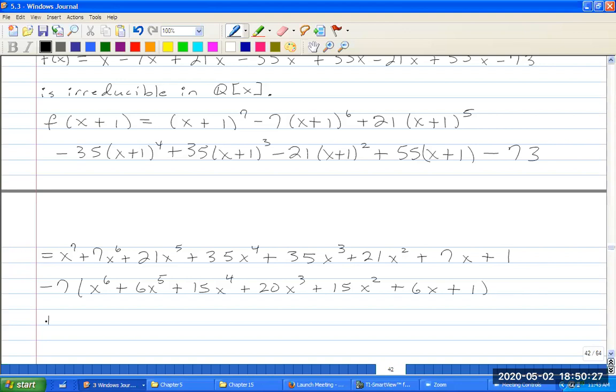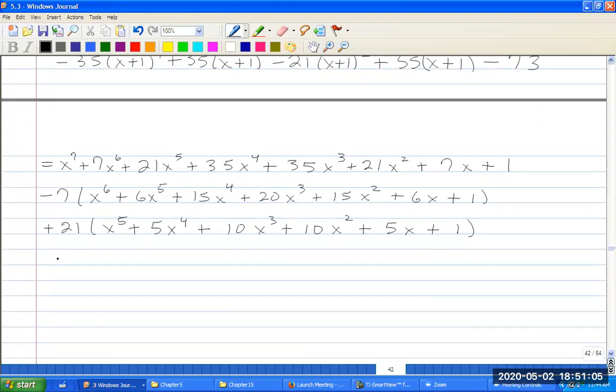Sorry, I messed that up. Plus 21 x to the 5, plus 5 x to the 4, plus 10 x cubed, plus 10 x squared, plus 5x plus 1.